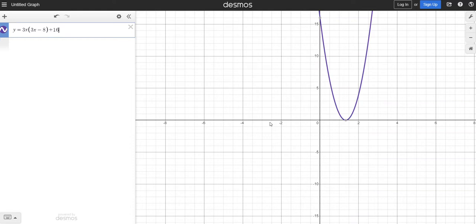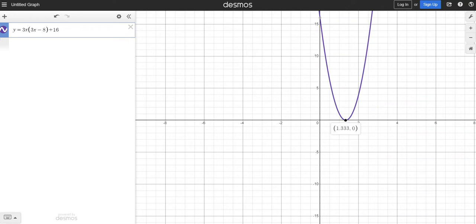All right, and it looks like this one happens to be one of those that just has one x-intercept, right? The x-intercept's right at the vertex. That's the time when there's just one. X is approximately 1.333. I'm pretty suspicious that that's 1 1/3.